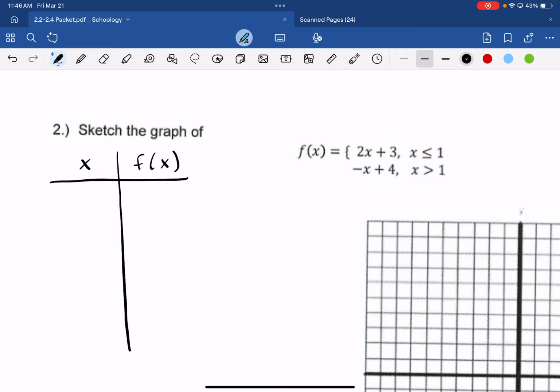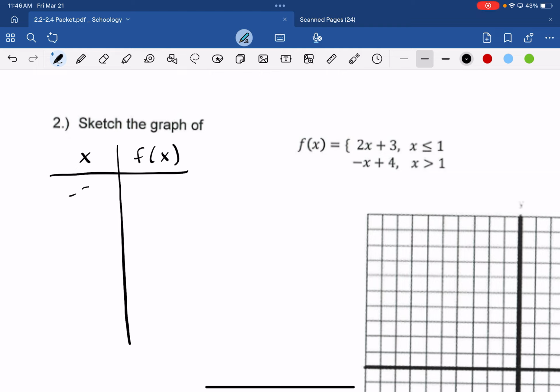I'm just going to pick some x values specifically that are around the restriction I'm giving you, like 1 here. So I'm going to go -3, -2, -1, 0, 1, and then because 1 is like a critical moment here in my domain, because this is where I'm switching gears to a new one, because that happens, I'm going to write it twice.